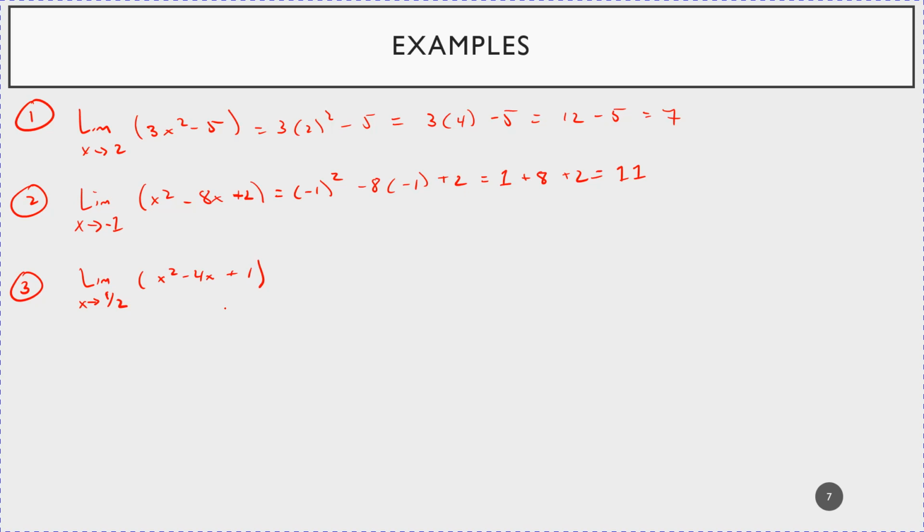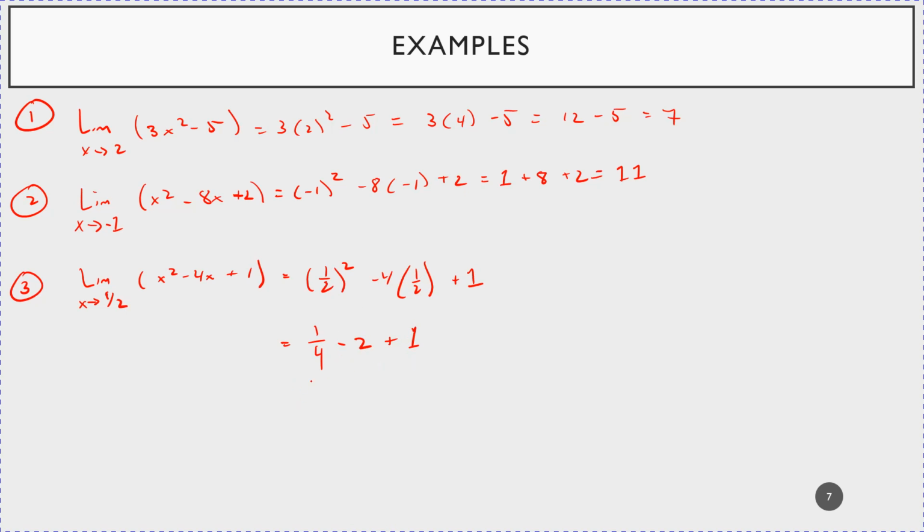Okay. So hopefully you gave it a shot, but if you just want to watch the video and see how this is solved, let me show you what's going on here. So you're taking this 1/2 and you're plugging it in because it's a polynomial function. So you get 1/2 squared minus 4 times 1/2 and then just plus 1. All right, so 1/2 squared, that gets me 1/4. Minus 4 times 1/2 gets me minus 2 plus 1.